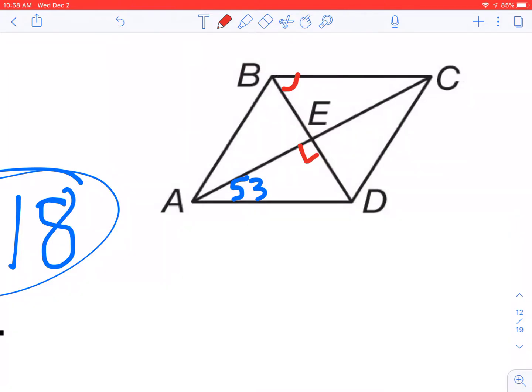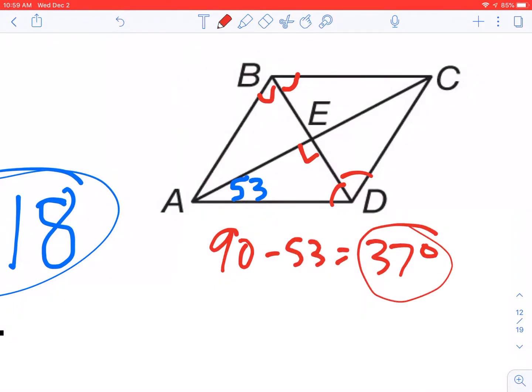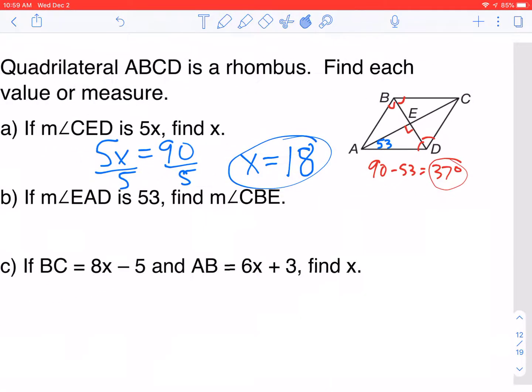Okay, so I know that all 4 of these are going to be the same. So I just do 90 minus 53, and I get 37 degrees. So we can just use our triangles to do that. 37 degrees.